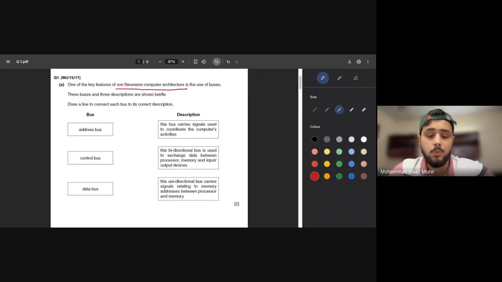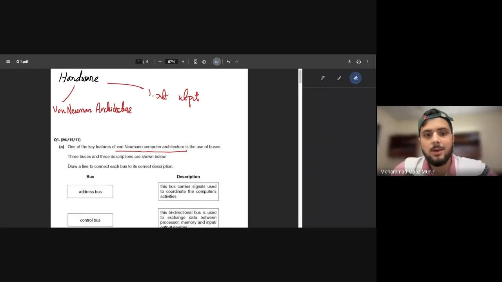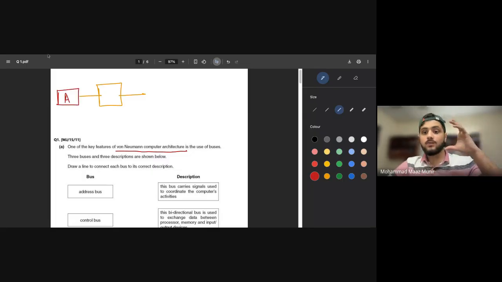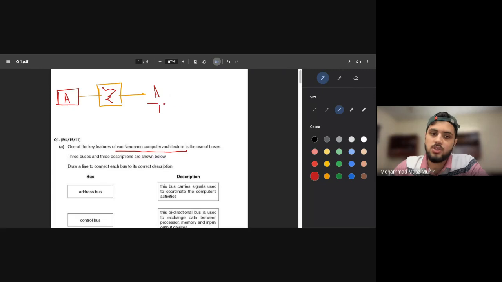Now, what was von Neumann computer architecture? Previously, when computers were originally created, they could not store data. If I have a circuit that does some function, you always had to provide it some sort of input. If you wanted to print the letter A, there used to be cards with the letter A, and you plugged it into the computer, and the computer executed it, and A got printed on the paper or appeared on your screen.